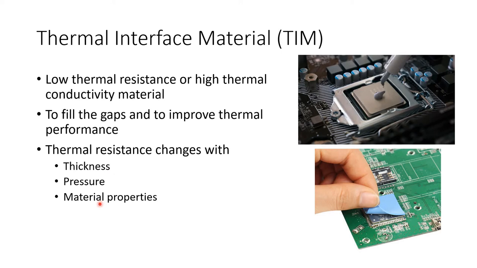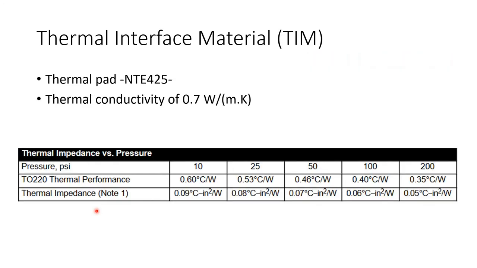And also they change with the material properties. For our case, I have chosen a TIM, a thermal pad, which has a part number as such, and it has a thermal conductivity of 0.7 watts per meter Kelvin.